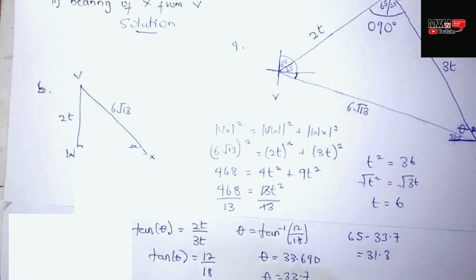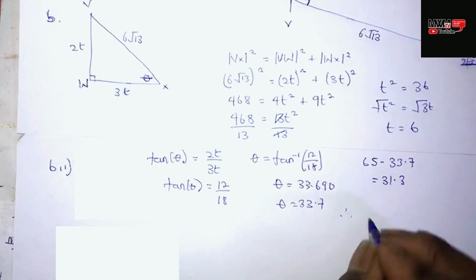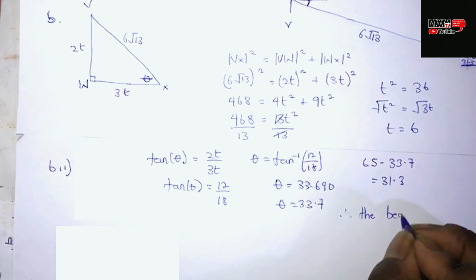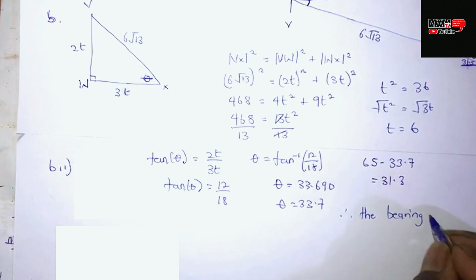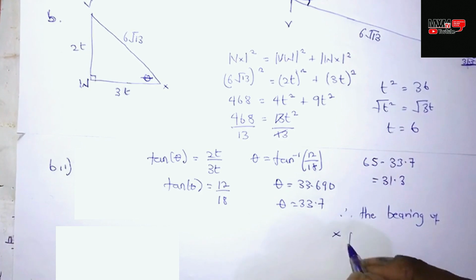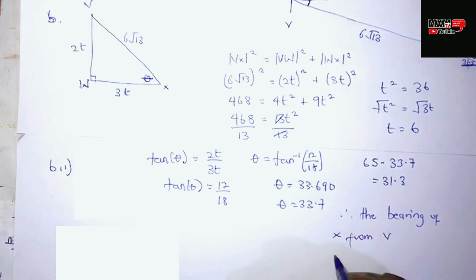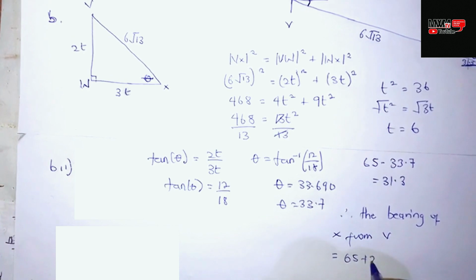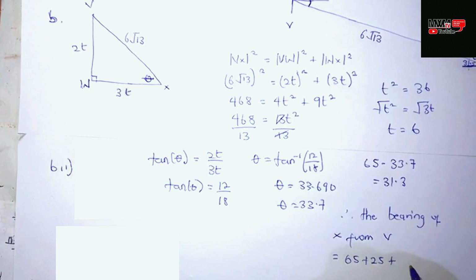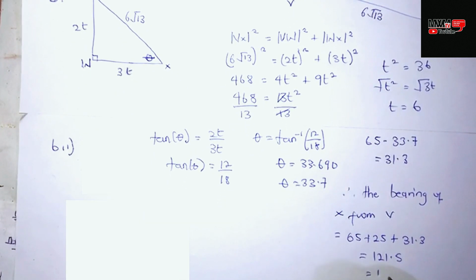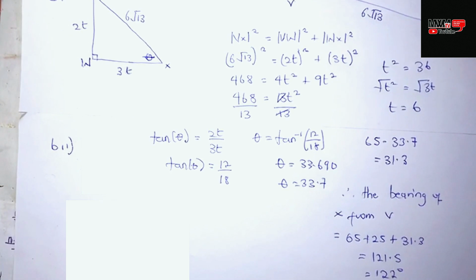So therefore we can say that the bearing of x from the V is equal to 65 plus 25, which is 90, plus the 31.3, and we are going to get 121.5. So to the nearest whole number, we are going to get theta to be equal to 122 degrees, and that answers the question 2.